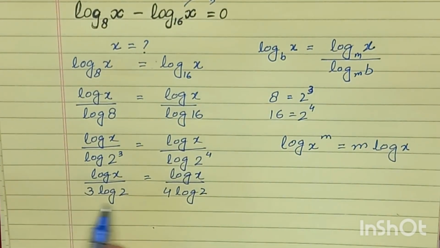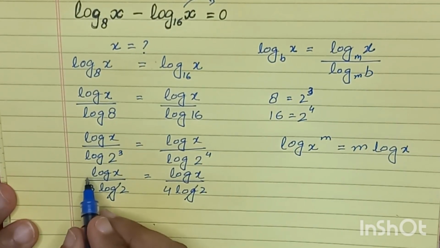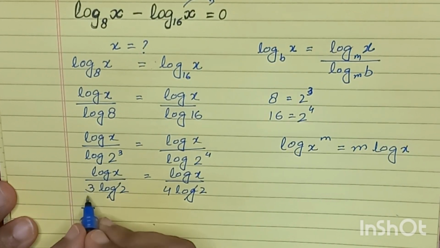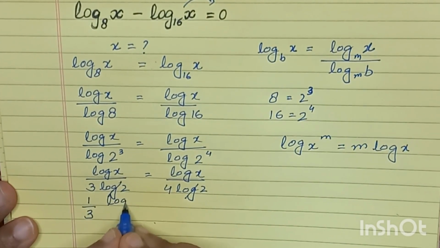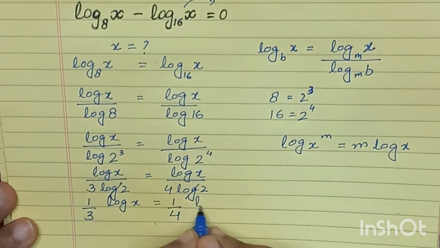Now here log of 2 and log of 2 is common on both sides, so it will be cancelled out, and we have remaining 1 divided by 3 log of x, and 1 divided by 4 log of x.